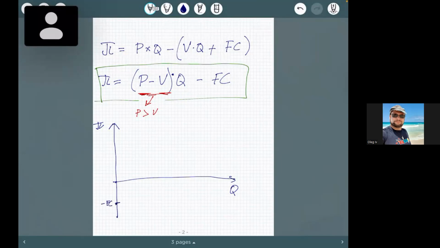Since price is larger than variable cost, the slope is positive, and it goes up and up and up like this. You can put here quantity and time, because you sell more with time. So it makes sense.